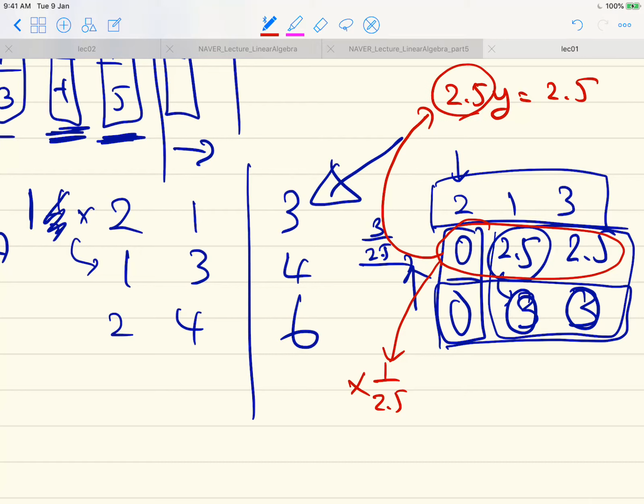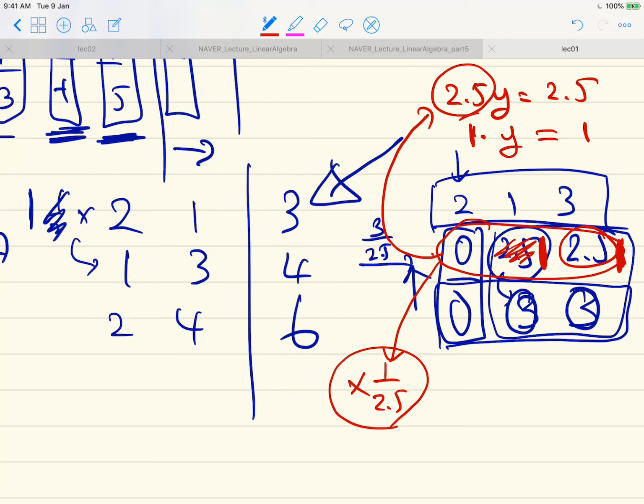Let's just divide this equation by 2.5, and then it will be 1 times y equals maybe 1. And so we can just scale a single equation by a certain factor, okay? We can always make this 1, and this value happened to be 1, right?